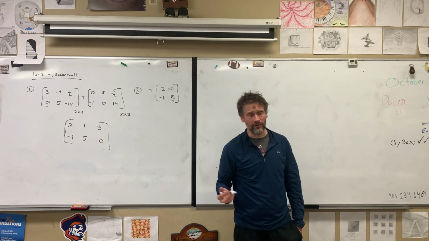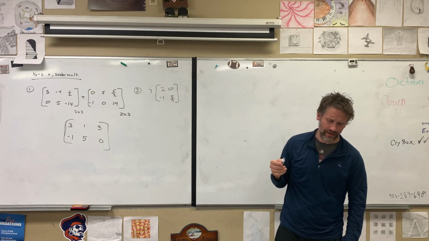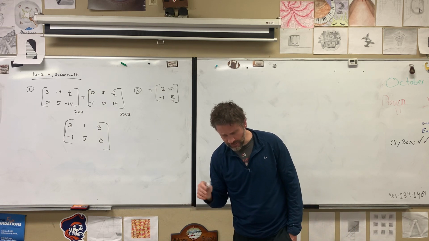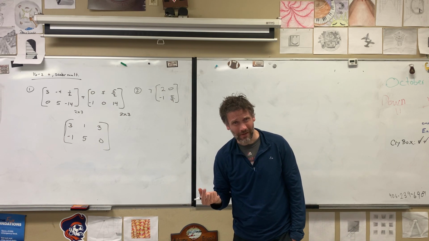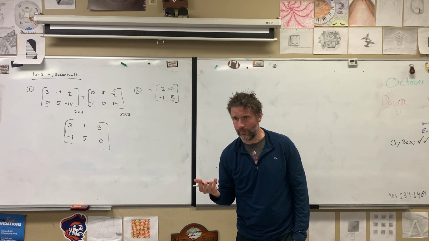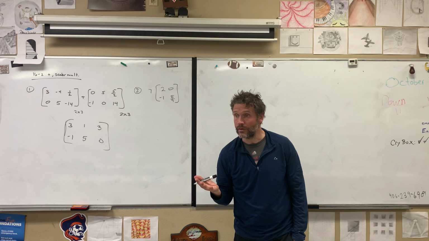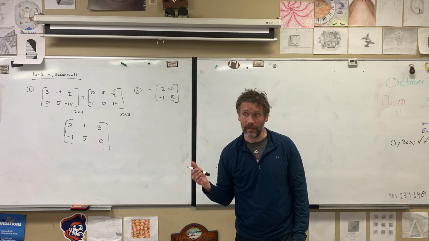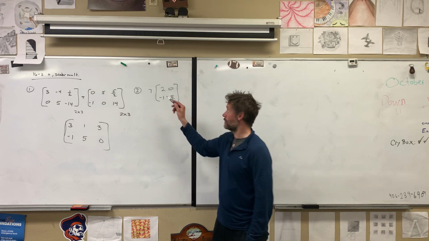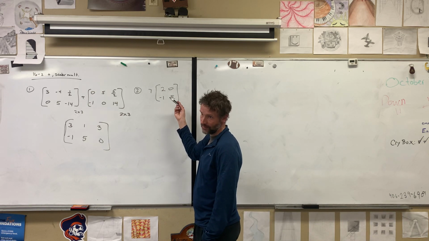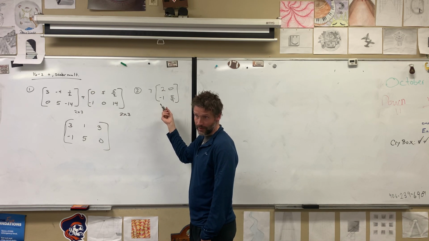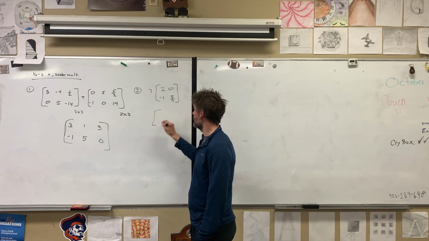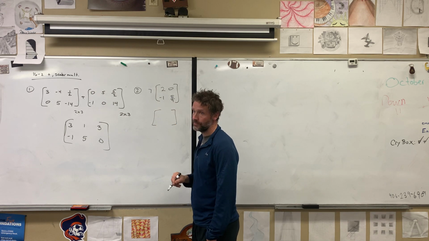This is called scalar multiplication because you do this with vectors and with matrices, but essentially it's distribution. So the 7 is going to multiply every element on the inside: 2, 0, negative 1, 5/9. Essentially distributed in there, but you call it scalar multiplication.